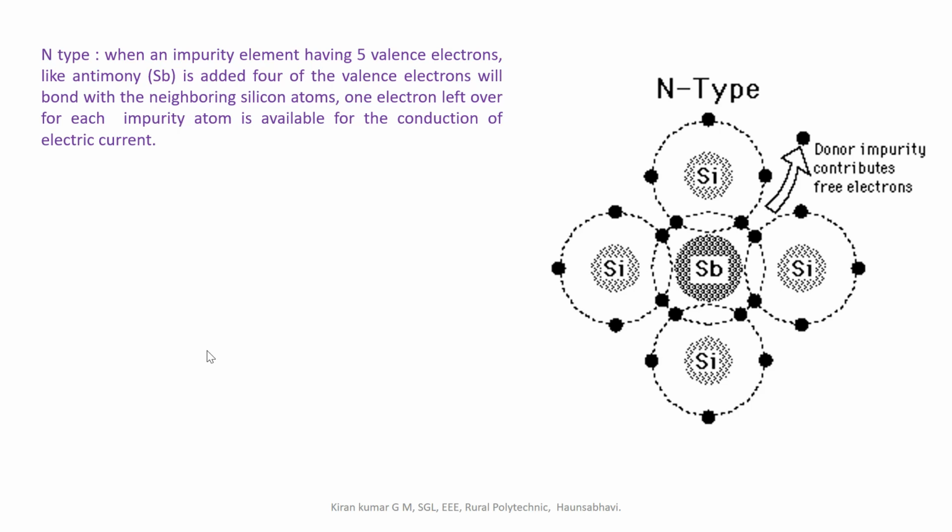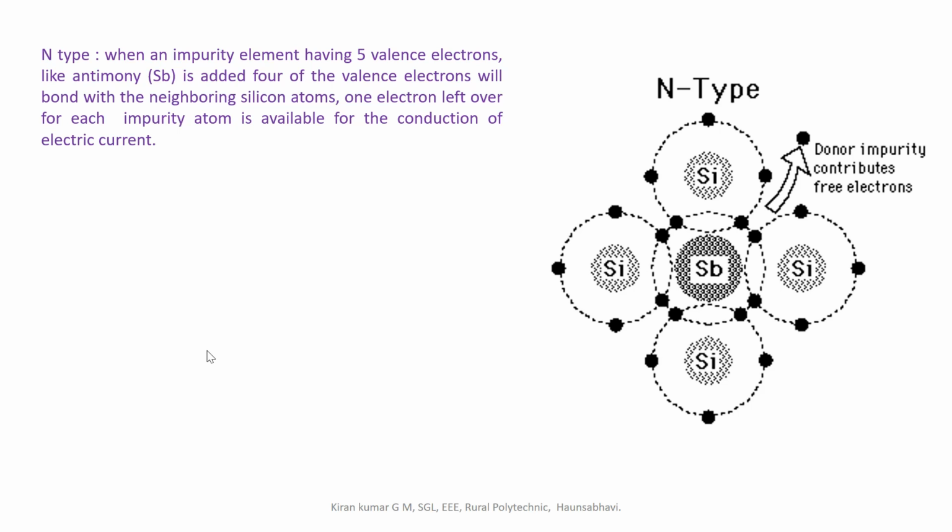It will be sharing 1 electron with each of the 4 surrounding silicon atoms, and 1 electron will be freed from this antimony atom. This free electron, which has not participated in any bonding process, will be free to move, and this is called a free electron.